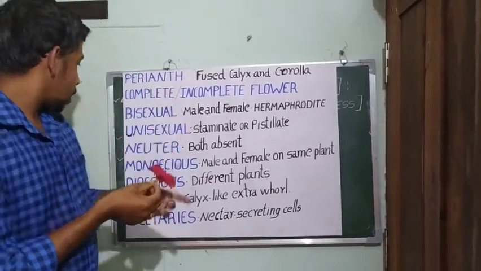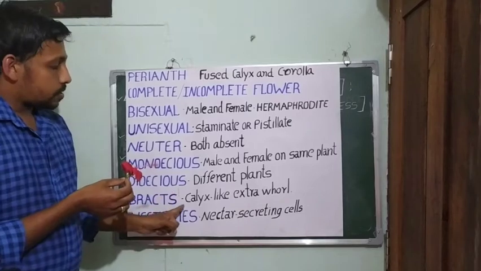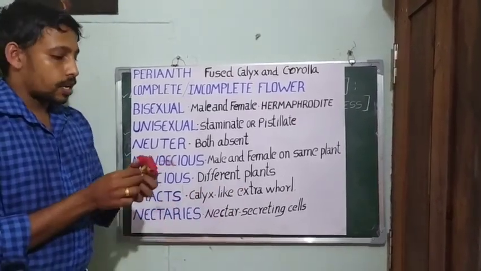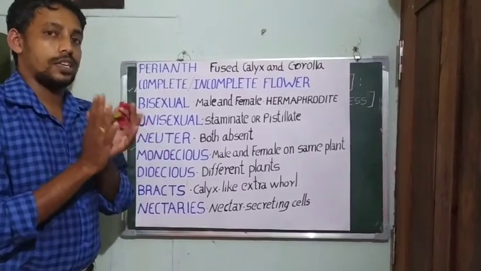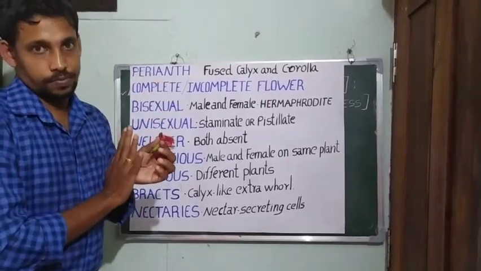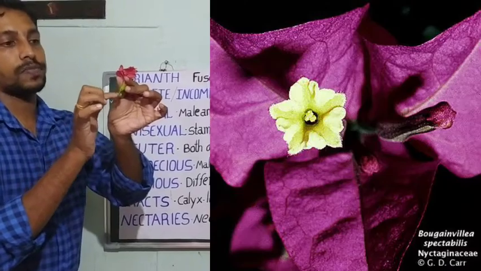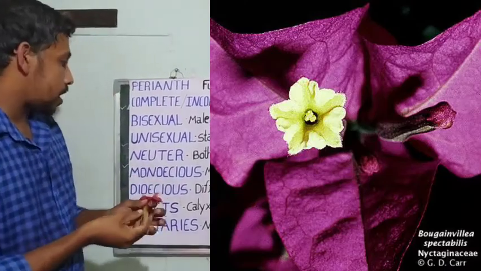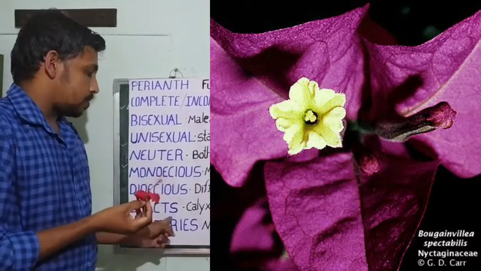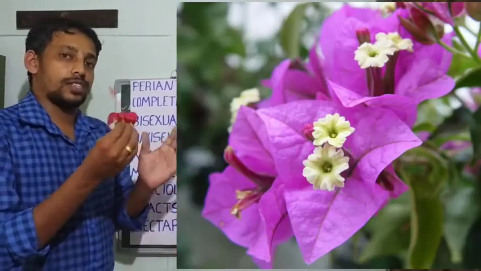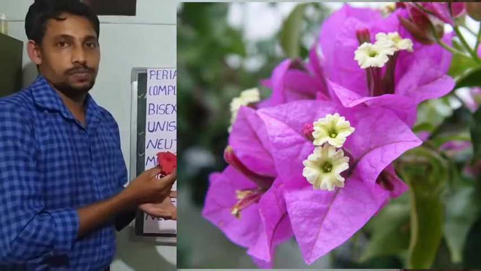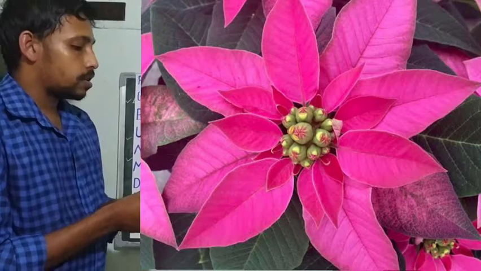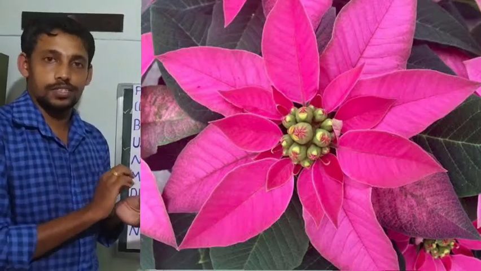In the case of bracts, in most cases they are slender and green colored, like this one. But in some plants, like bougainvillea, the bracts are enlarged, leaf-like, highly colored structures. And sometimes we may mistake them for the corolla or petals.